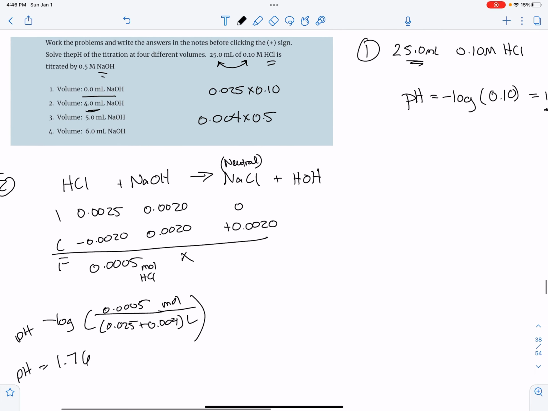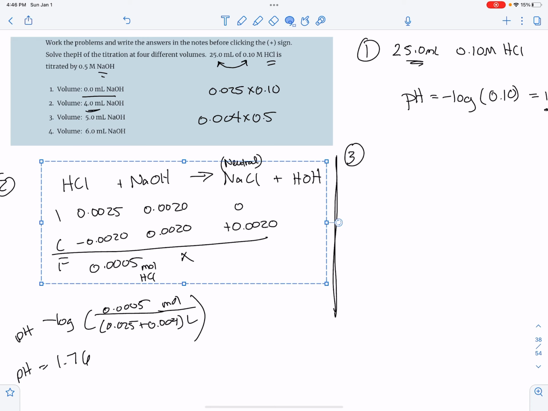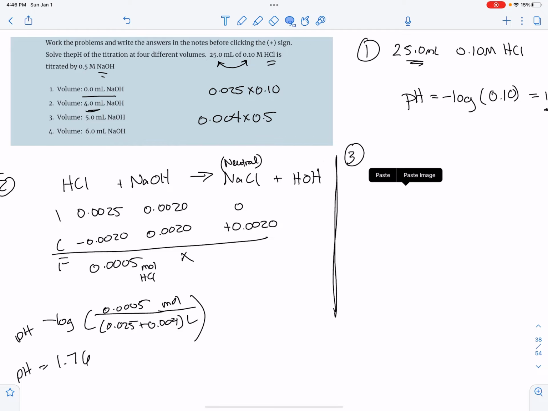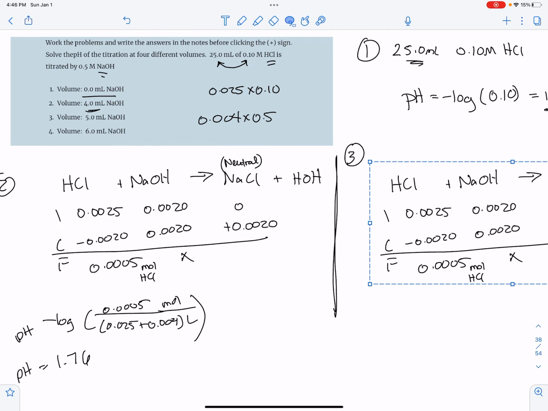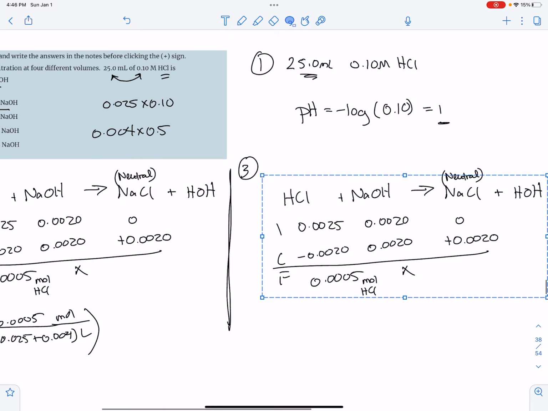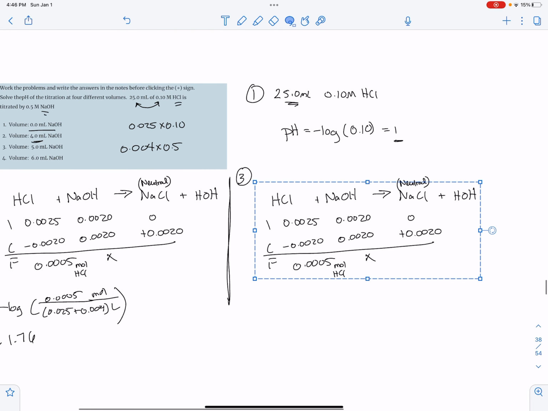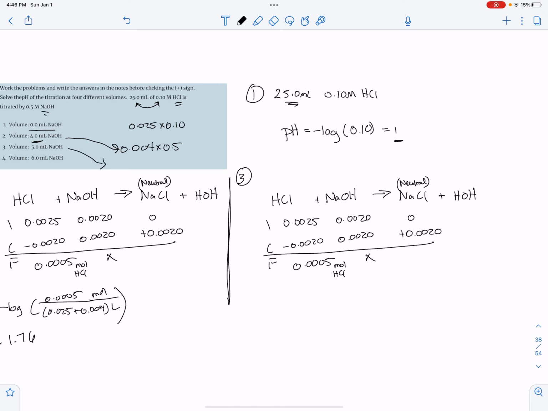All right, so let's see what happens when I add in, this is stage 3. It's all the same stuff except that one of my values is going to change. So now, instead of the 4 milliliters, I've got 0.005 times 0.5, which will give me 0.0025.